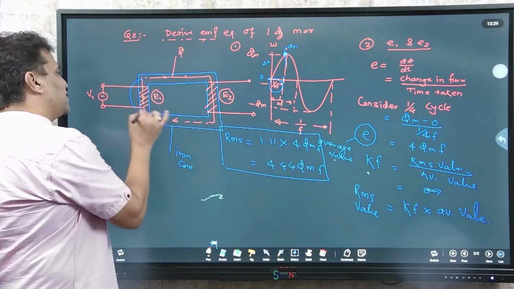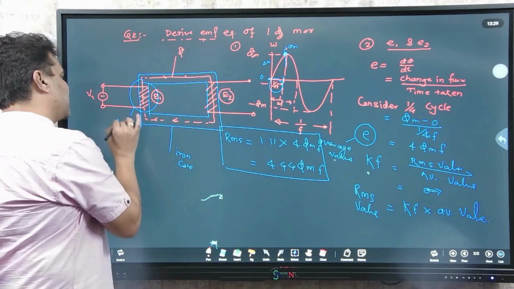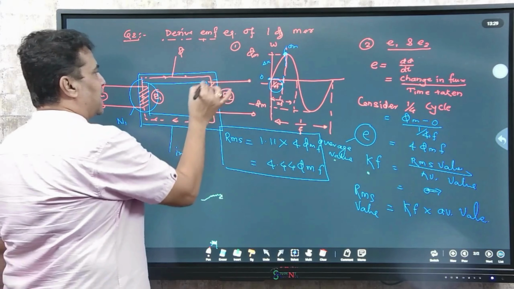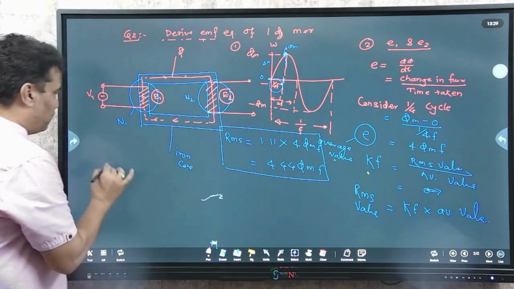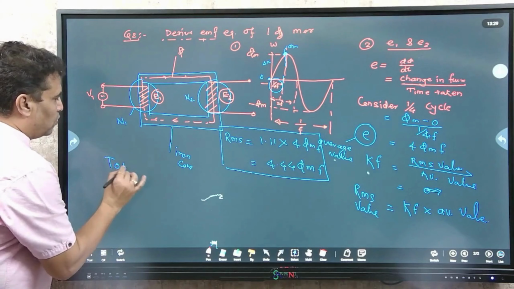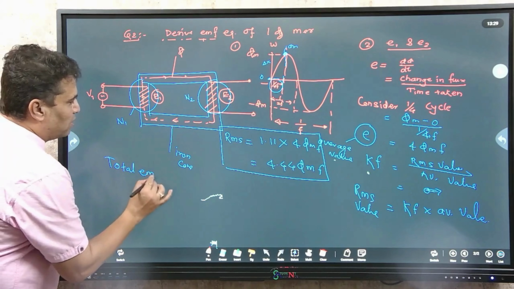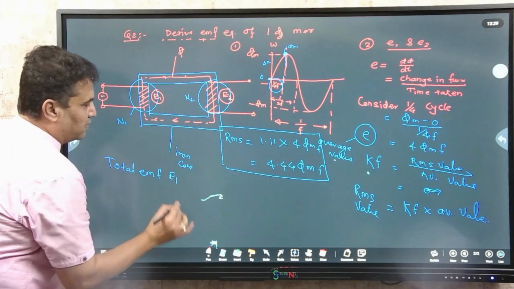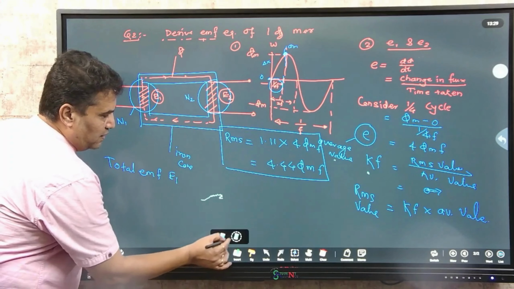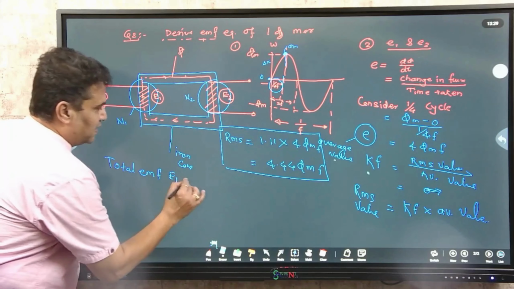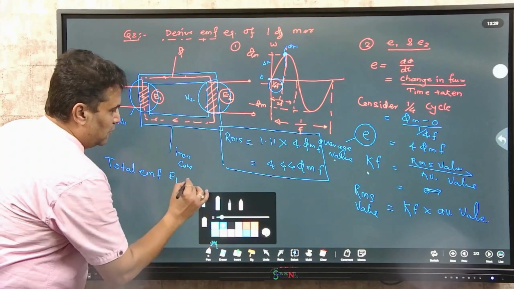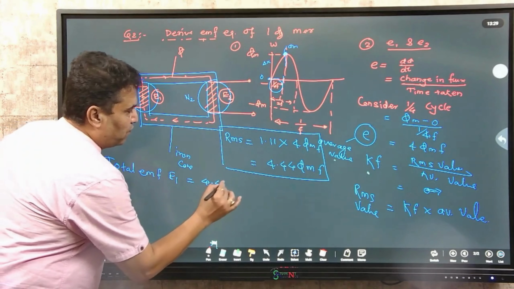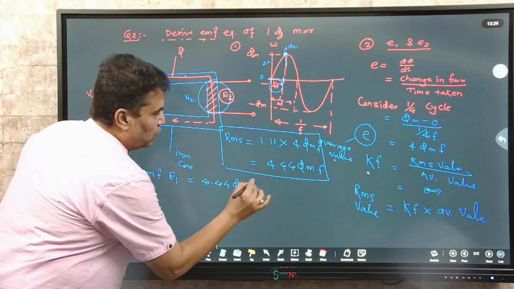If I say the primary is wound with a certain number of turns equal to N1, and the secondary is wound with a certain number of turns equal to N2, then the final expression, the total EMF for the primary, denoted by E1, equals 4.44 phi mf into N1.